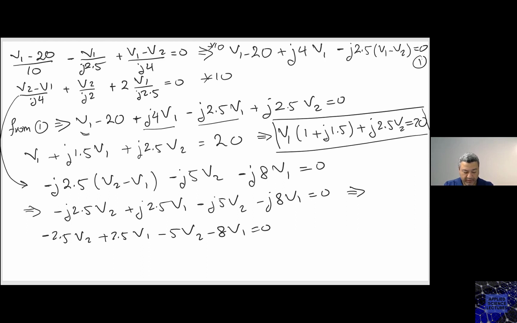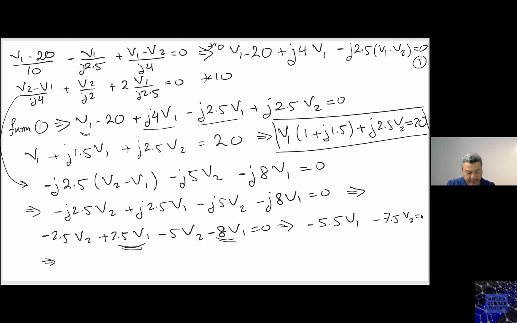So we have minus 5.5 v1 minus 7.5 v2 equals to 0.